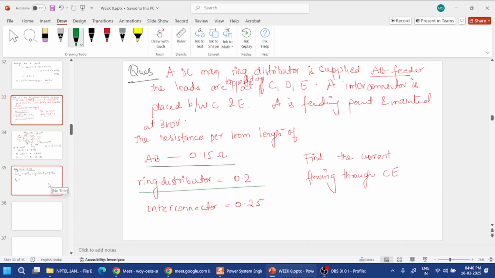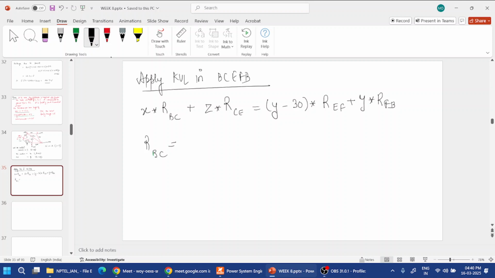So basically it will be 0.002 into BC, which is 100. It will come out to be 0.2. I think it is correct. You can cross check it.